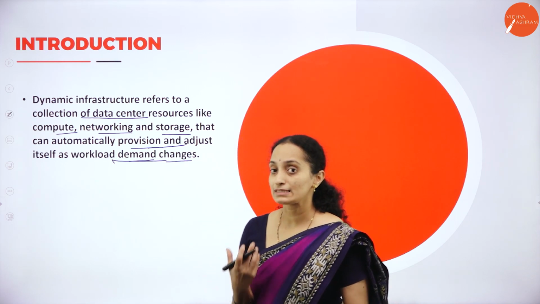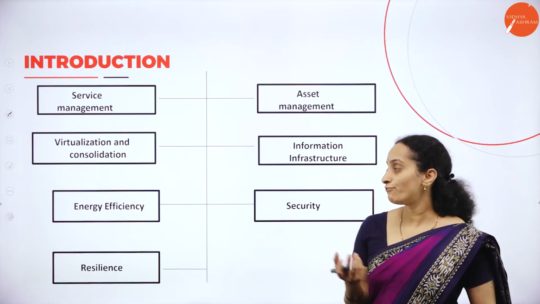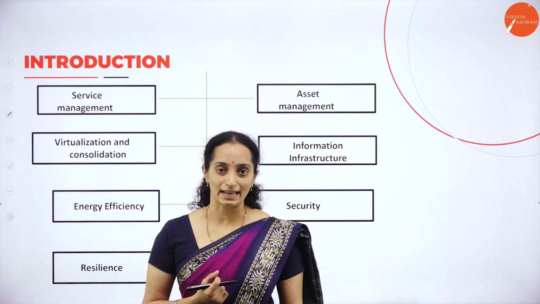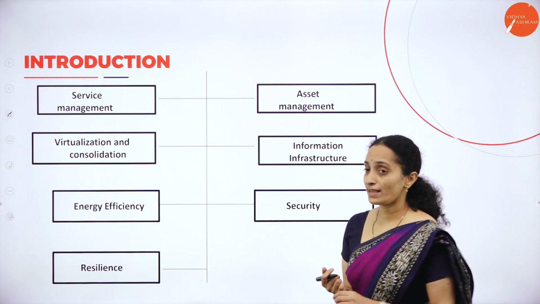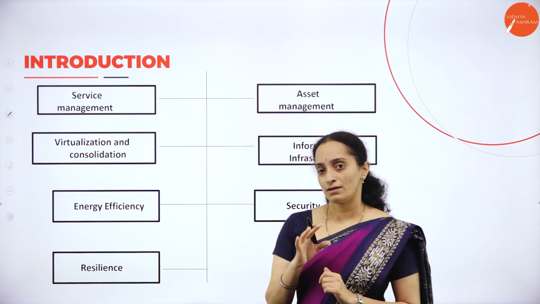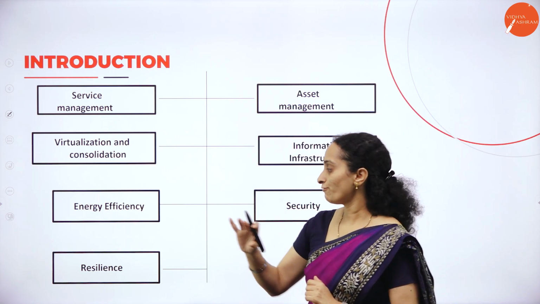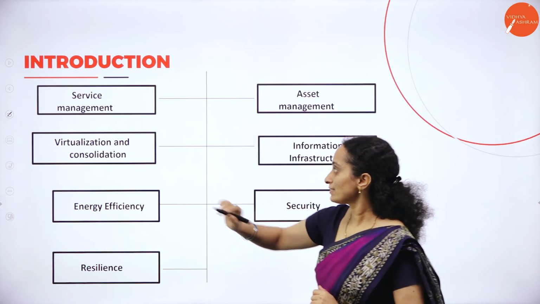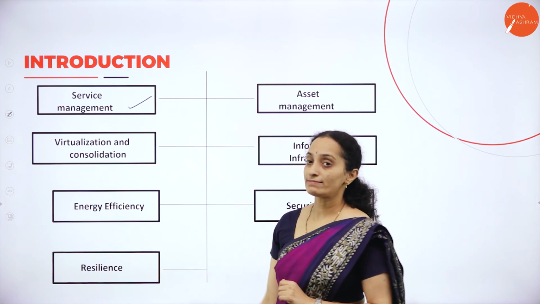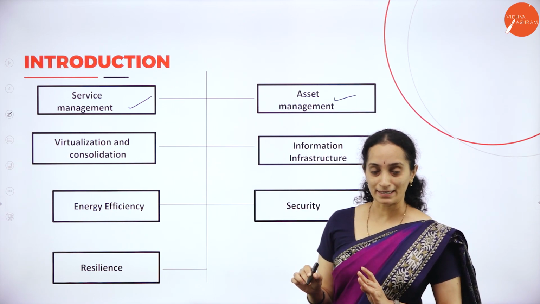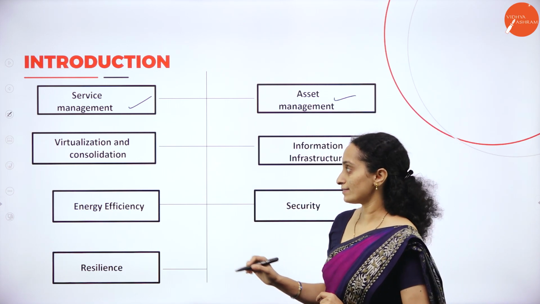What are the things that need to be considered if the cloud has to be dynamic in nature? We have various management skills, management parameters, which need to be considered if the cloud needs to be dynamic. First thing is, it has to have service management and asset management. I've said already about the asset.